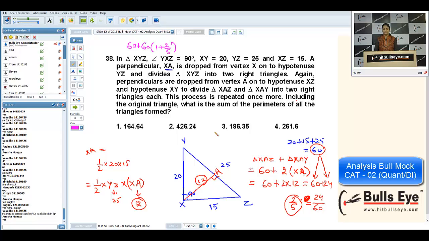Whenever you have similar triangles, there will be a pattern, a ratio. In the case of perimeter, the ratio will always be the same. So if I consider the original triangle as perimeter 60 and add 24, the next thing will be 60 times 1 plus 2 by 5. Again I will take 1 plus 2 by 5th of that, and this process is done once again.